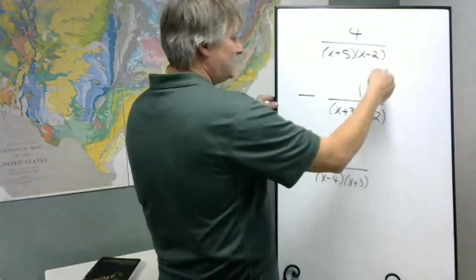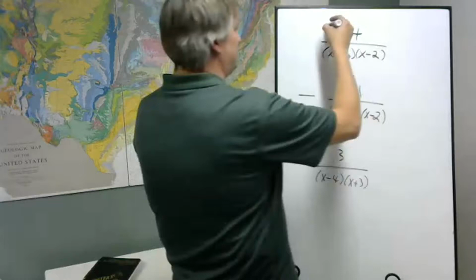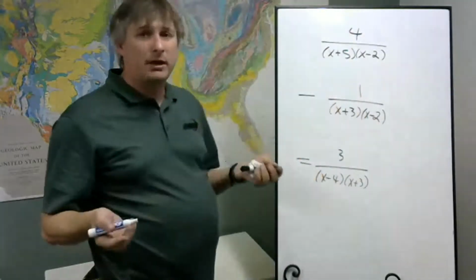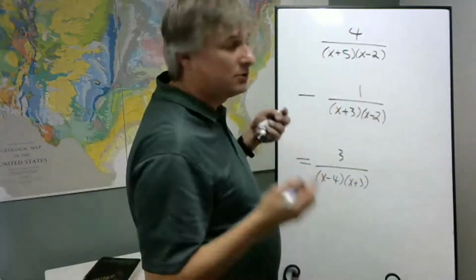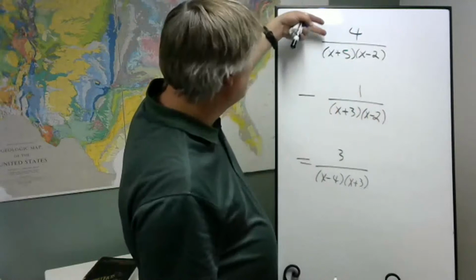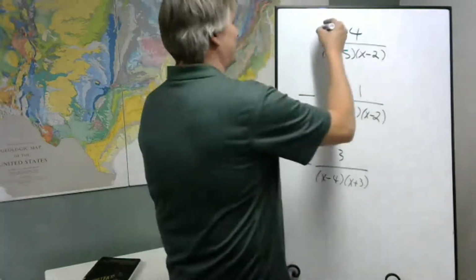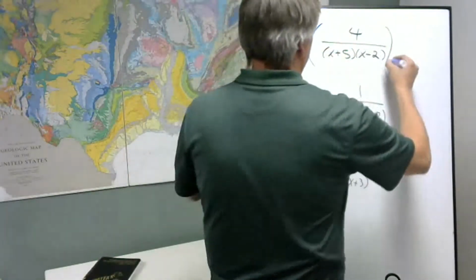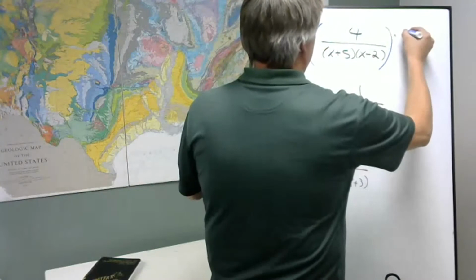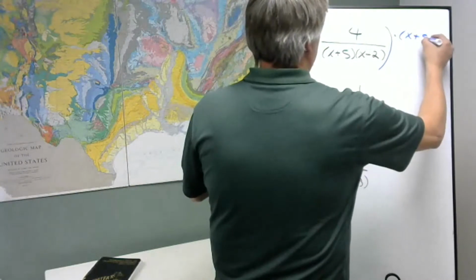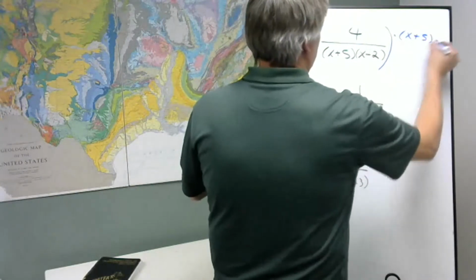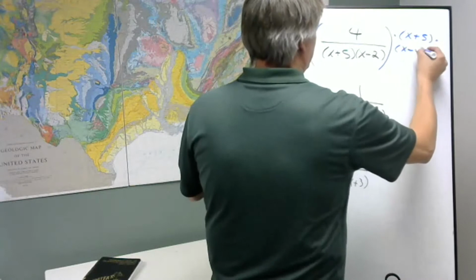So we're going to multiply each of these by that LCD. So what we do is we actually multiply both sides of the equation, and we distribute the LCD to each of these terms.